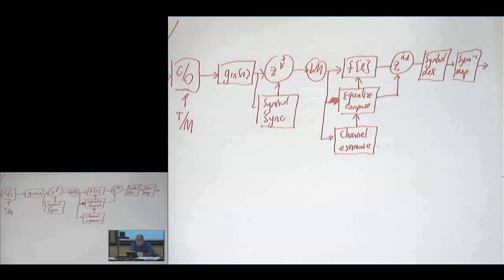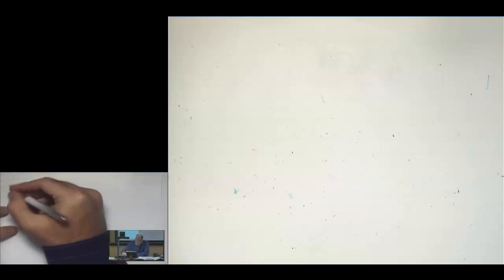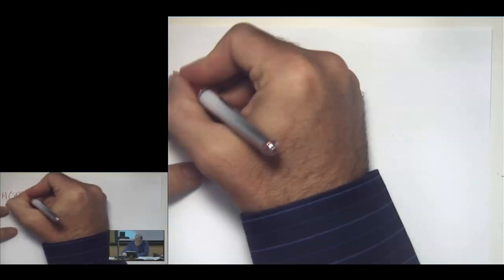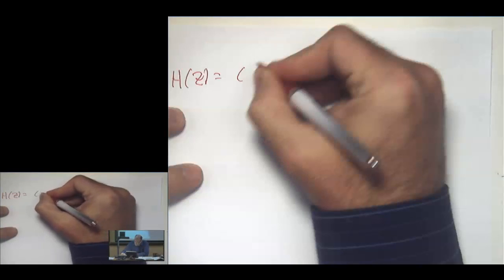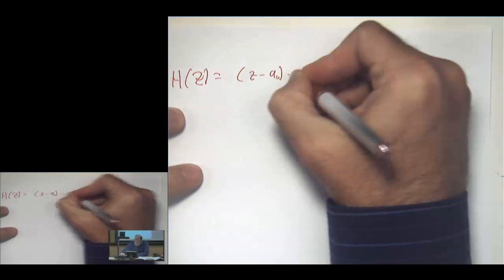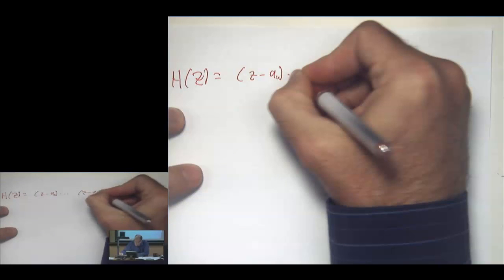This might not be that important, but you said that you need an IIR filter to invert an FIR filter? Yes. Why is that? Because if you think about it in the Z domain, an FIR filter is going to be all zeros. So if you have a filter, let's say h of z here, that's z minus a1 through z minus ak, right?